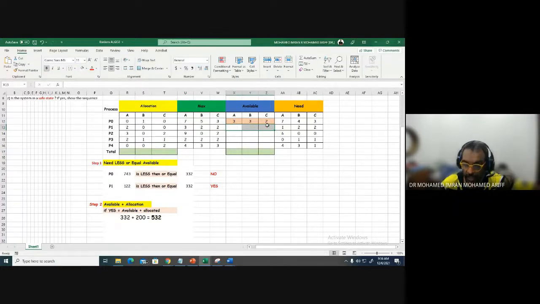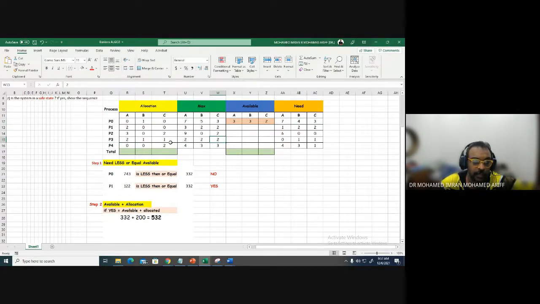Okay, and need is berapa banyak dia perlukan untuk habis. Contohnya macam ni. Untuk proses 0, guna resource B, it needs 5. Tetapi, at this moment, dia cuma bagi 1 sahaja. So, dia perlukan lagi 4 untuk complete. Proses P3, dia perlukan 2 untuk complete.